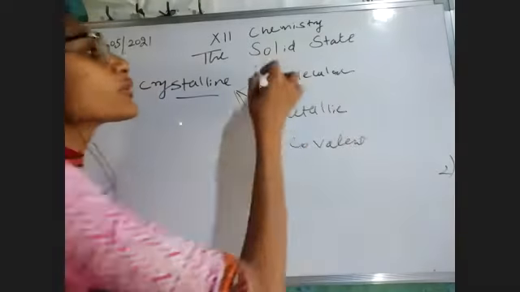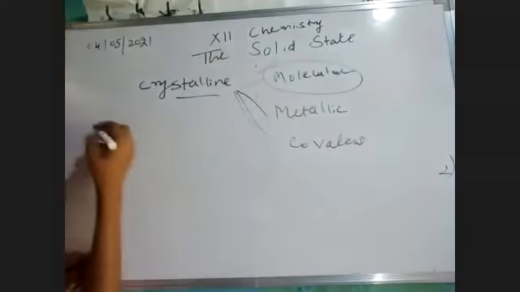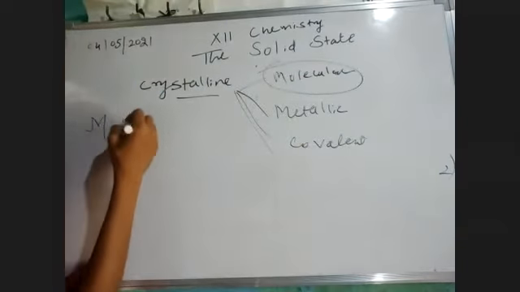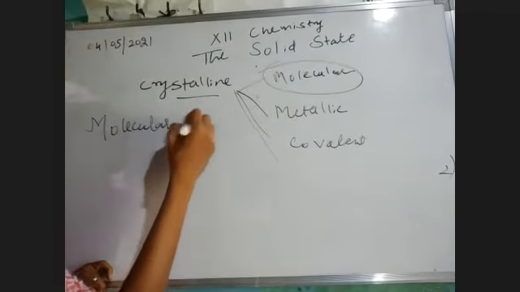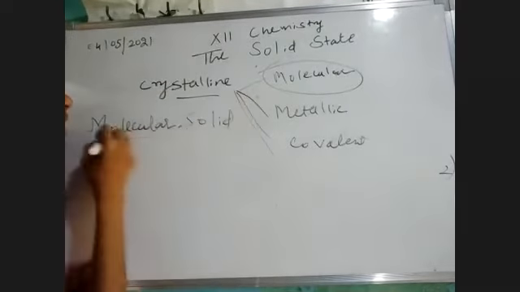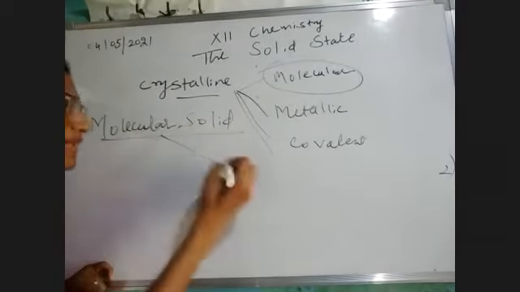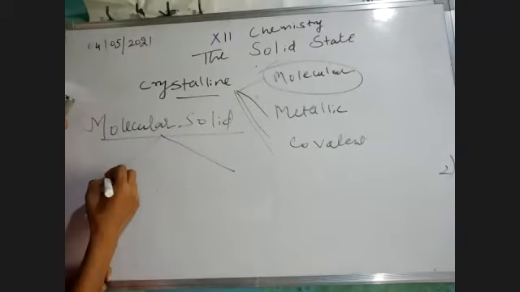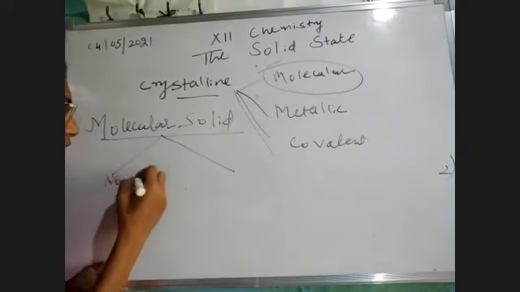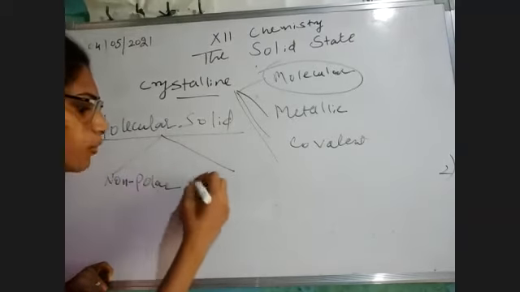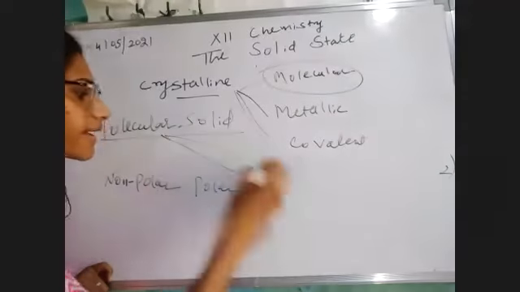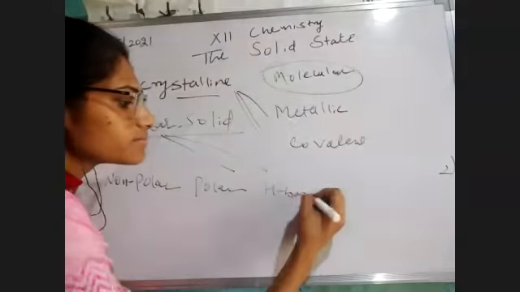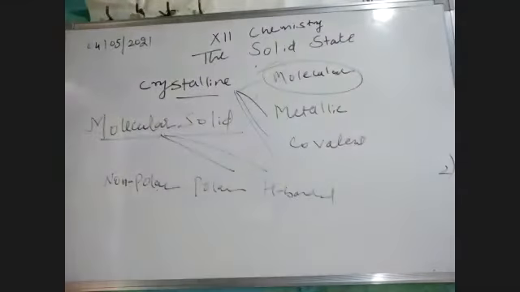Now start with molecular solids. What do molecular solids actually define? Molecular solids are made up of molecules, and they are of types: non-polar, polar, and hydrogen bonding. Now, what do non-polar, polar, and hydrogen bonding mean?